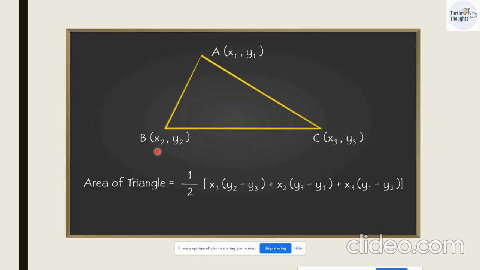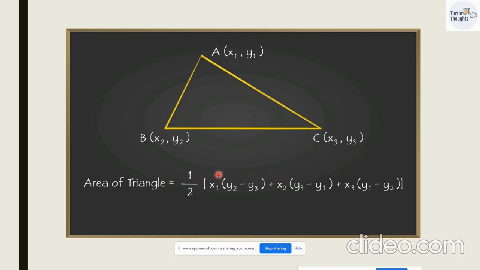Next, we have area of a triangle also. I think this was in your deleted portion from 10th standard, so I have included this formula also. So if we have a triangle given by A x1 comma y1, B x2 comma y2, C x3 comma y3, then the area of the triangle is given by half multiplied by x1 multiplied by y2 minus y3 plus x2 multiplied by y3 minus y1 plus x3 multiplied by y1 minus y2.